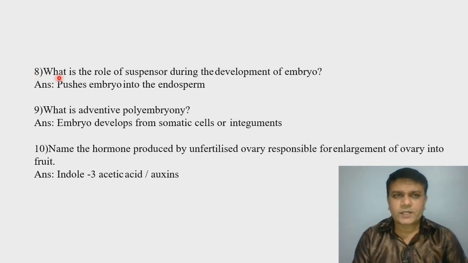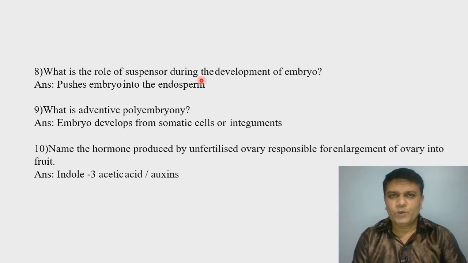Then the next question is what is the role of suspensor during the development of an embryo? Now you know that the process of double fertilization occurs inside the ovule, and during the union of first male gamete with female gamete, a diploid cell called as zygote is produced.